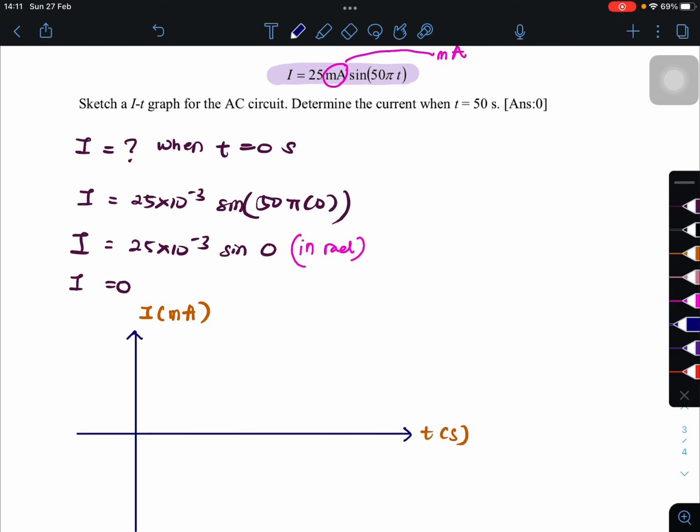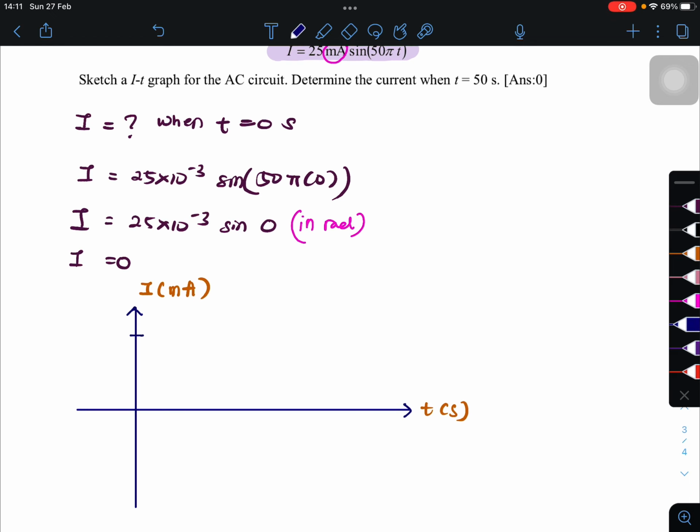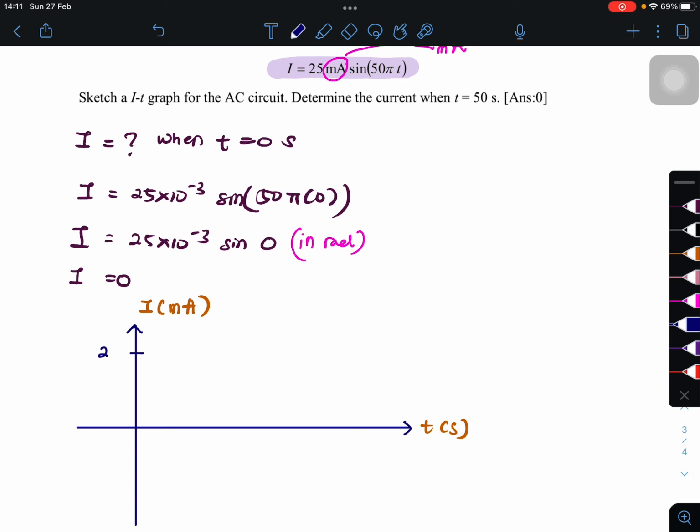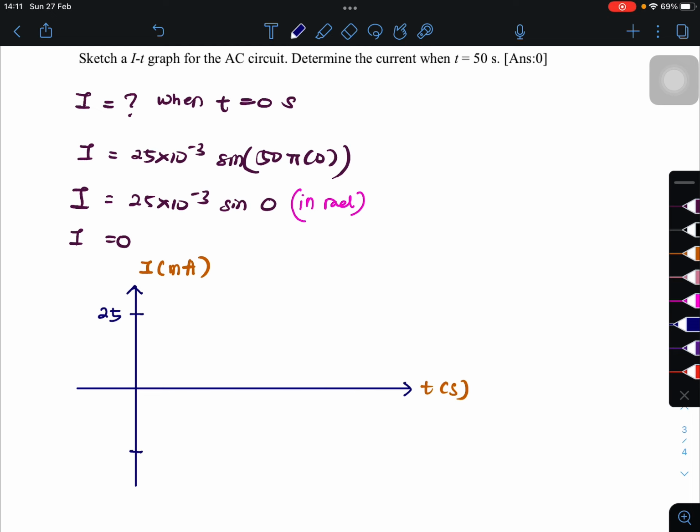And then we have peak value. Peak value kita adalah 25, negative 25. So our graph will start from 0. So start pada kosong, naik ke atas. Sorry, nak cantik. Start pada kosong, naik pergi atas.